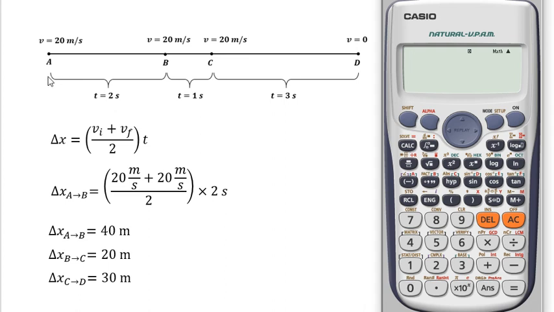So for segment AB, segment BC, and segment CD. And aside from getting the displacement for each segment, you will have to add those displacements to get the total displacement.